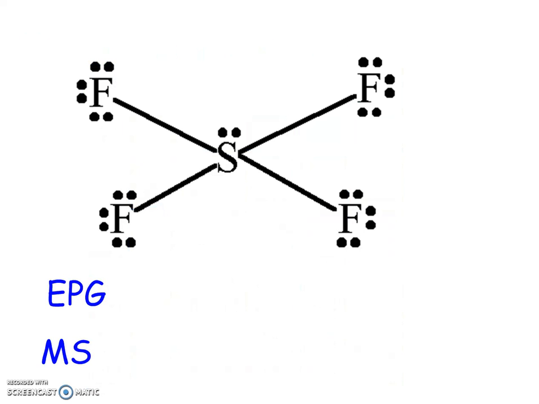So let's take a look at this molecule and figure out the electron pair geometry and the molecular structure. For electron pair geometry, I have 1, 2, 3, 4 bonds and 1 lone pair. So 5 pairs, or 5 areas of high density for electrons, which makes it trigonal bipyramidal.